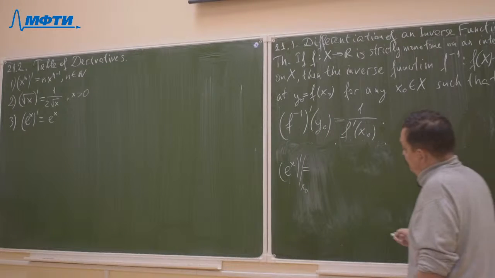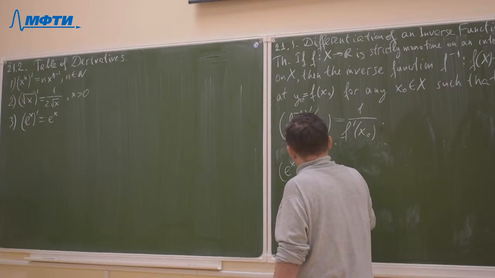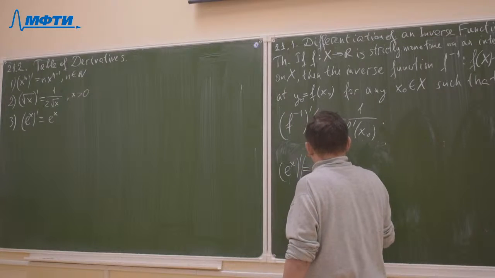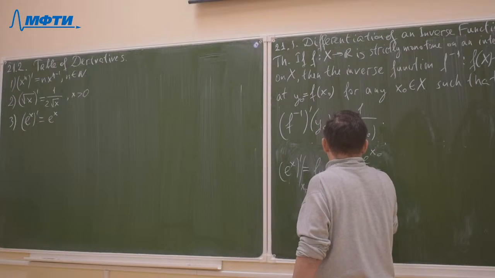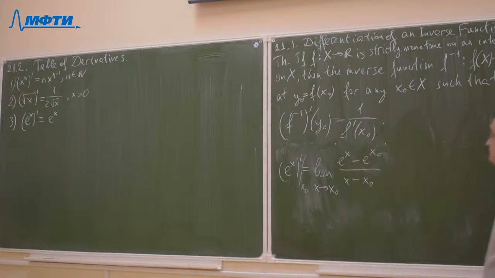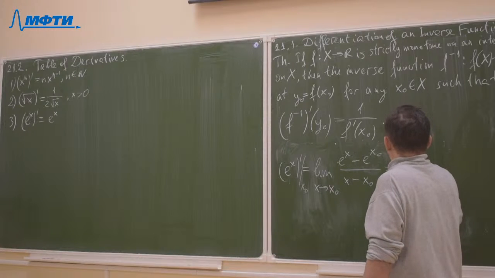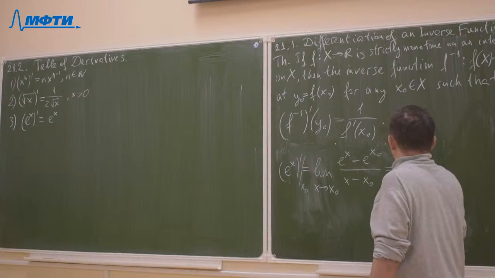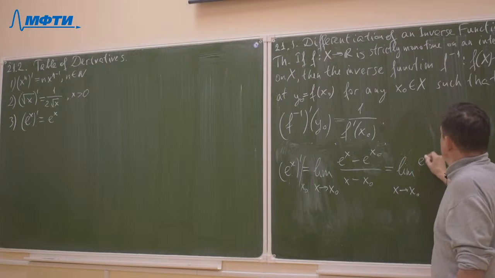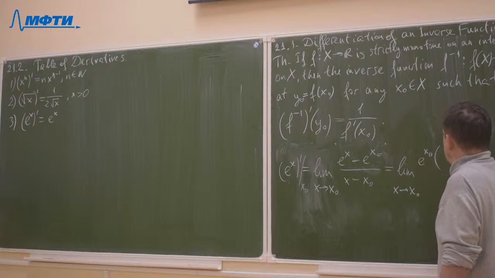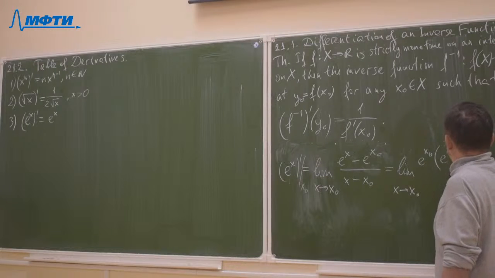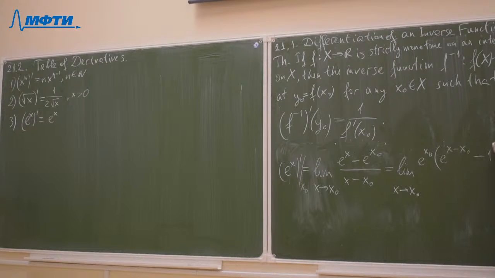By the definition of the derivative, that is the limit as x tends to x naught of (e to the power x minus e to the power x naught) over (x minus x naught). We can take e to the power x naught as a common multiplier, and then we have (e to the power (x minus x naught) minus 1) over (x minus x naught).